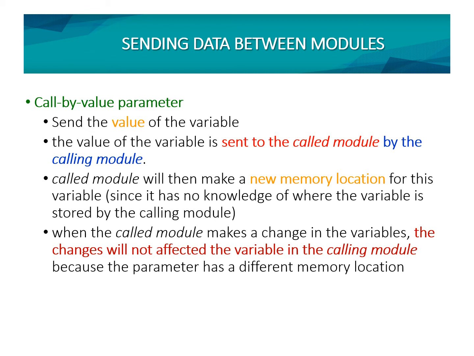The call module then makes a new memory location for this variable, since it has no knowledge of where the variable is stored by the calling module. So when the call module changes this variable, the change will not affect the variable in the calling module, because the parameter has a different memory location. We copy the variable into the other module, and it is usable only within that particular module.